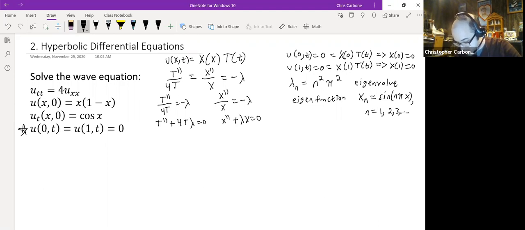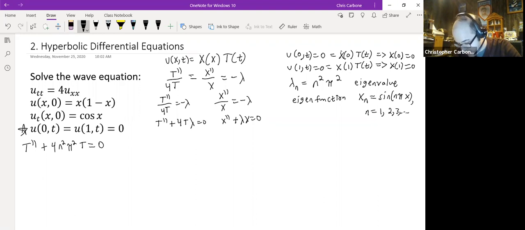So based on this, replacing the lambda in this T function here with what we got, we have T double prime plus 4 times n squared times pi squared times T. That is supposed to be equal to 0.